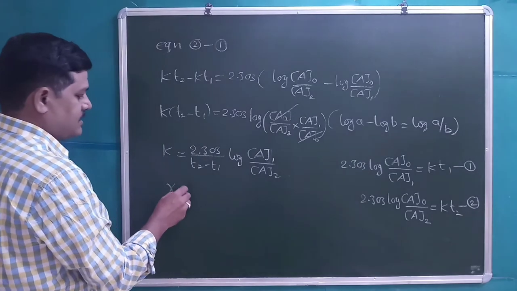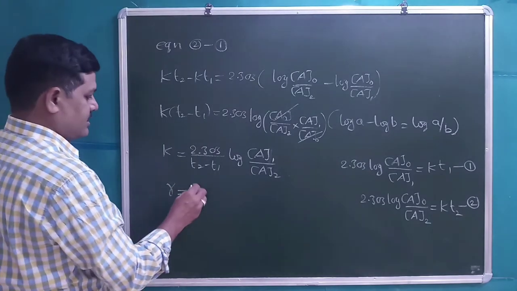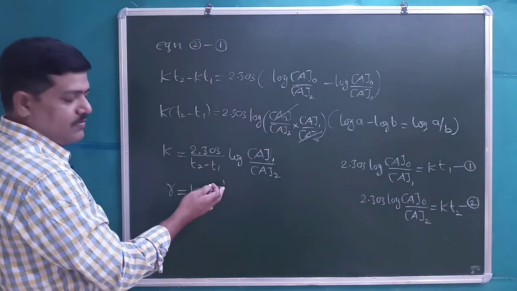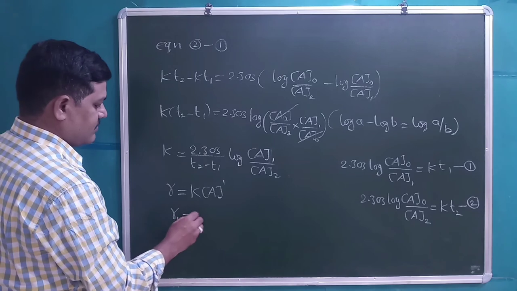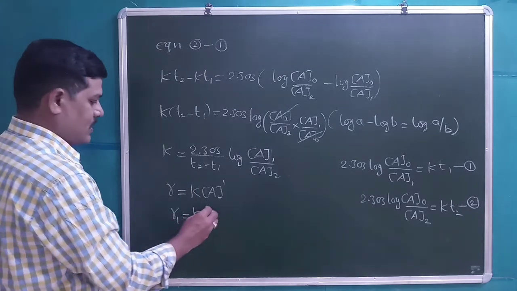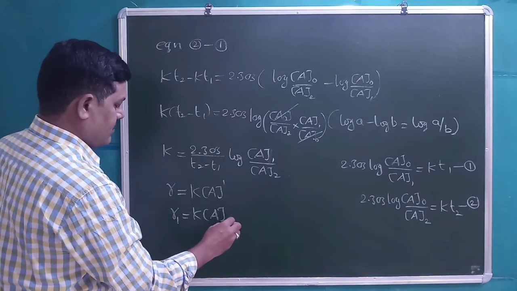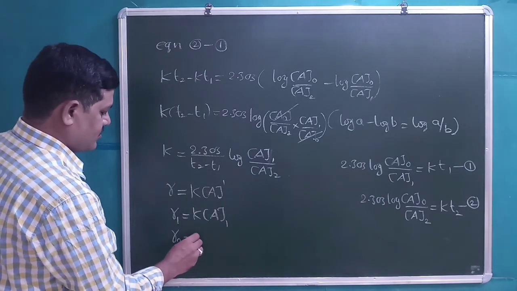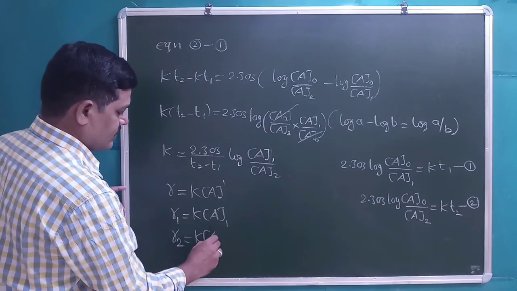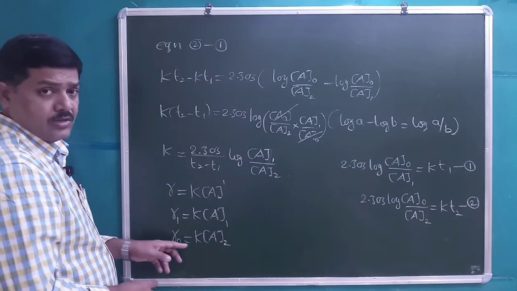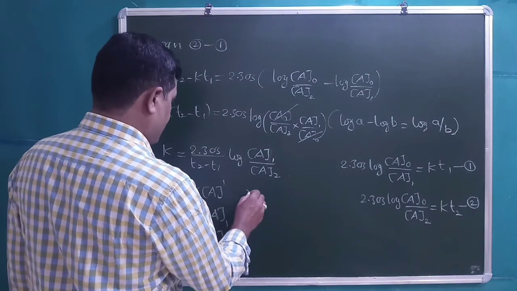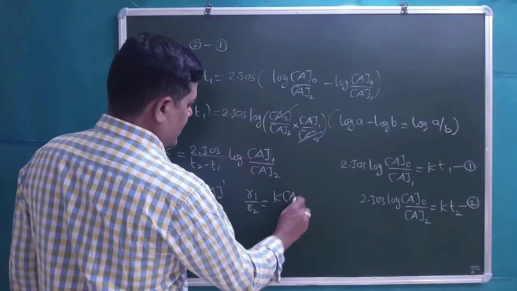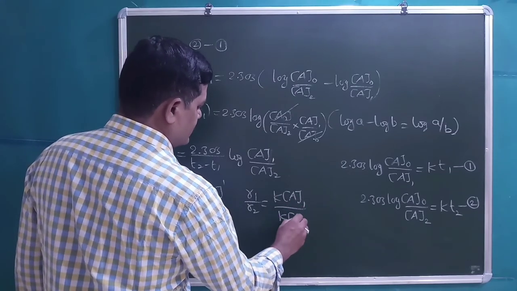Students, the rate expression for the first order reaction is R equal to K into concentration to the power 1. At time t1, rate is R1, so R1 is equal to K into A1, since the rate constant is the same. At time t2, rate is R2, equal to K into A2. So we take R1 by R2, which is K into A1 by K into A2.